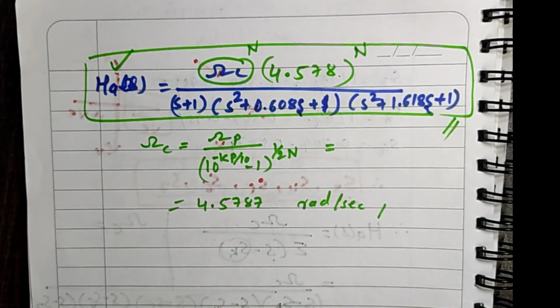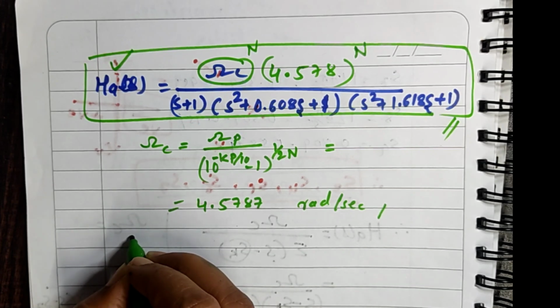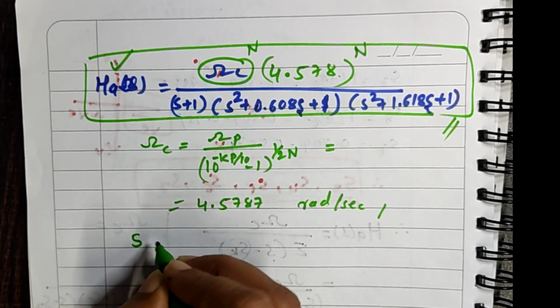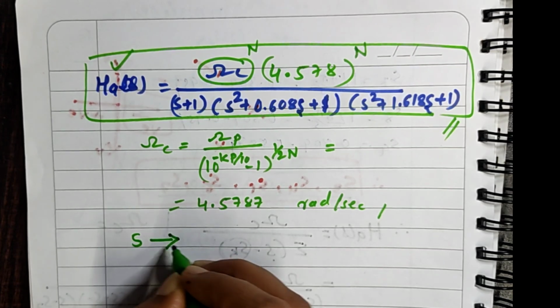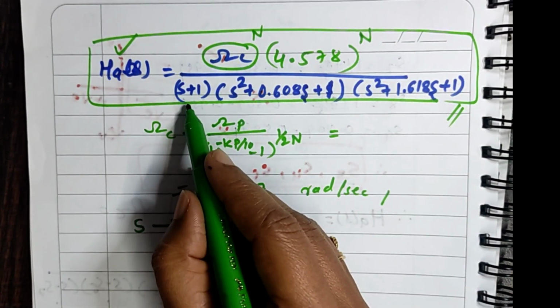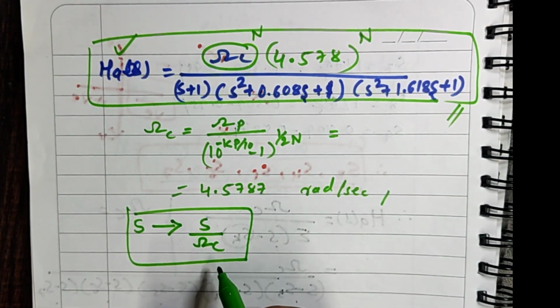If at all they specify to calculate the digital filter, then what we have to do is, since it is a low pass filter, if we would like to express in frequency domain, like transformation, then S can be replaced by S by ωc. Wherever we have S, in that place if you replace this S by ωc, then that will be in frequency domain.